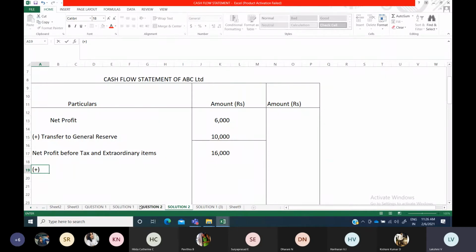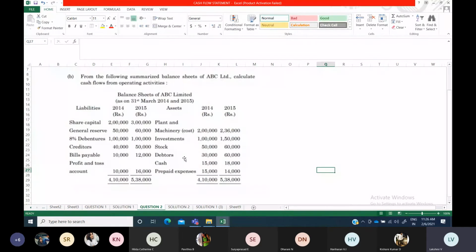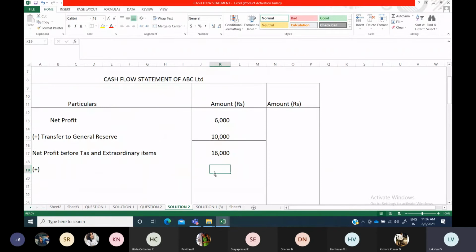If you see in this question, there is no depreciation, nothing is there. If you have those kind of items, goodwill like that, then those items you have to add up and show. Now nothing is there. You can either show nil everywhere, or straight away you can mention this item as operating profit before working capital changes.